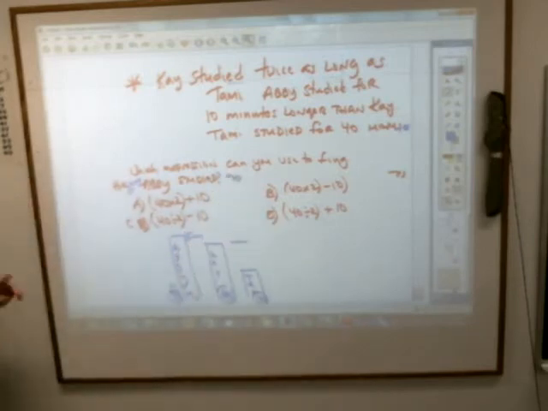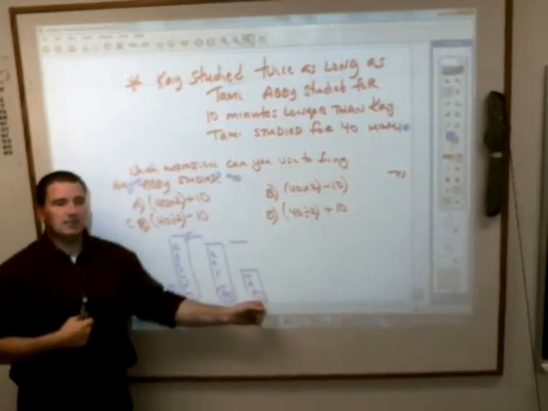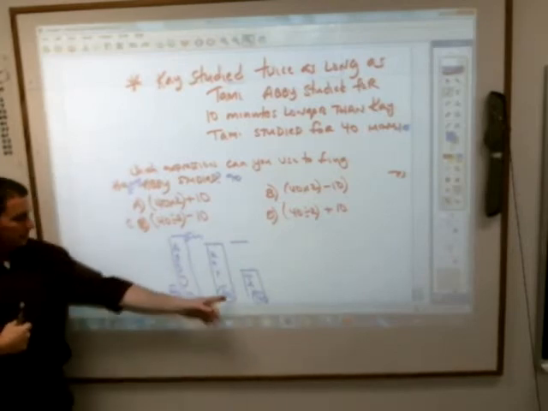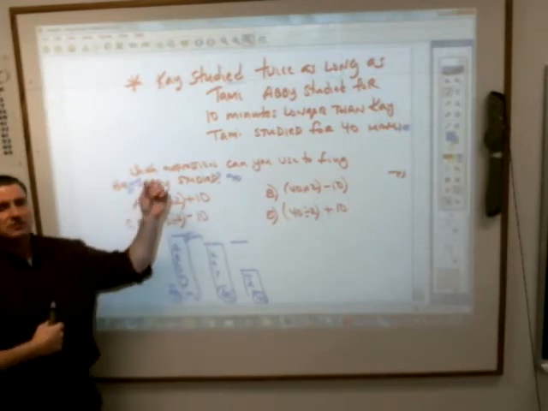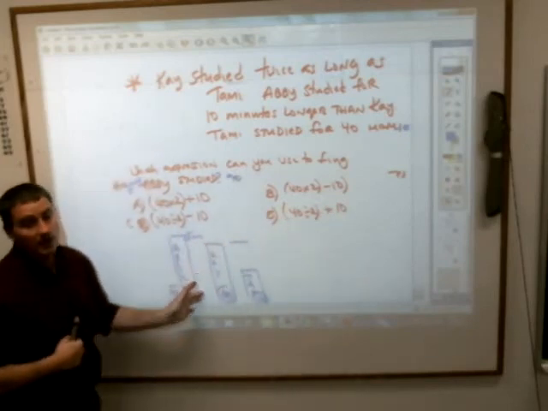Think about the process that we did. What did we do to the 40 to get 80? We multiplied it by 2, and then to go from the 80 to 90, I added 10. So which one of these is something times 2 added to 10? That's going to be the answer you want.